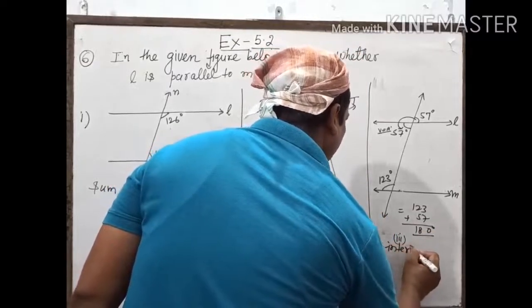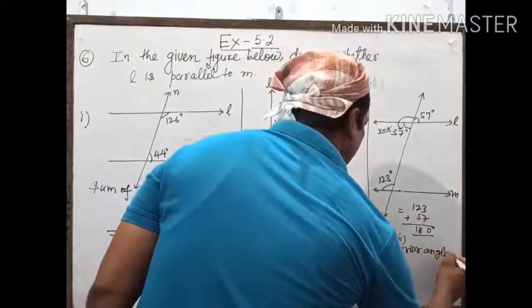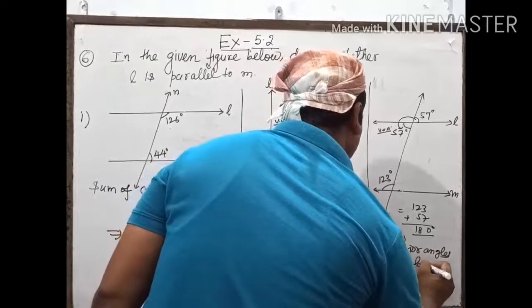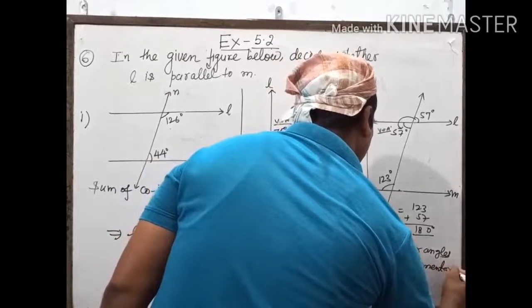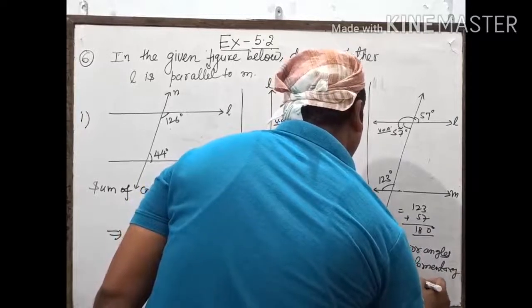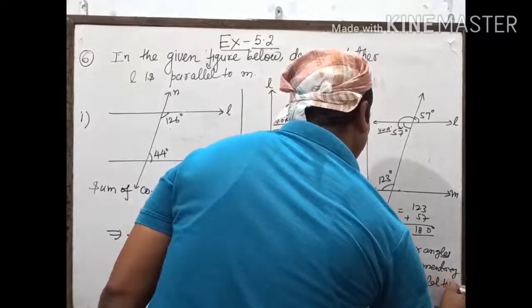Co-interior angles are supplementary. This implies that L is parallel to M.